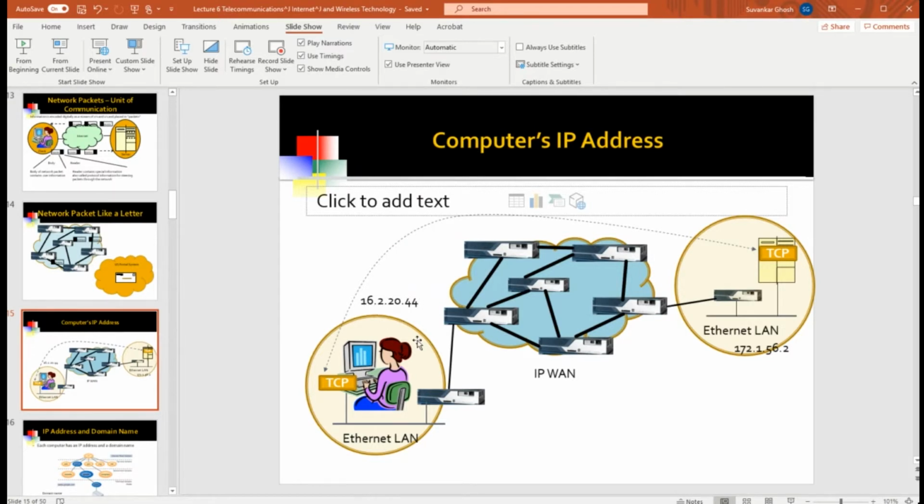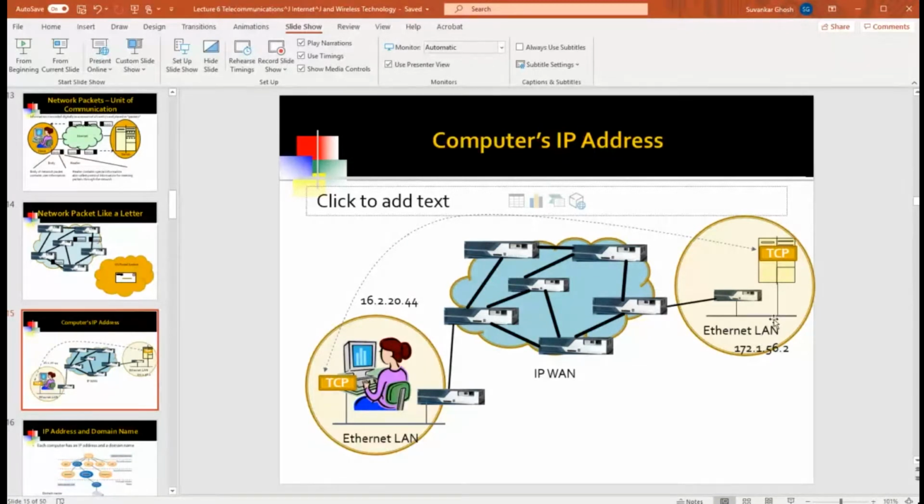So for example, right here, 16.2.20.44 is an example of an IP address. And there is another IP address, 172.1.56.2. So let's say this is the IP address of the source.